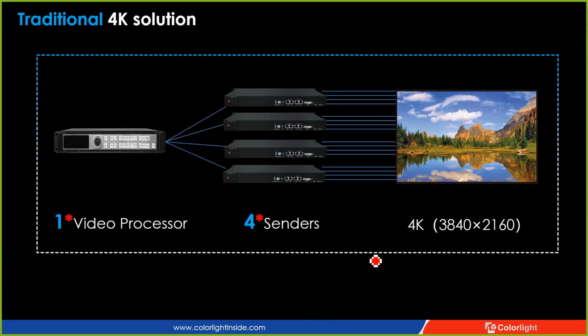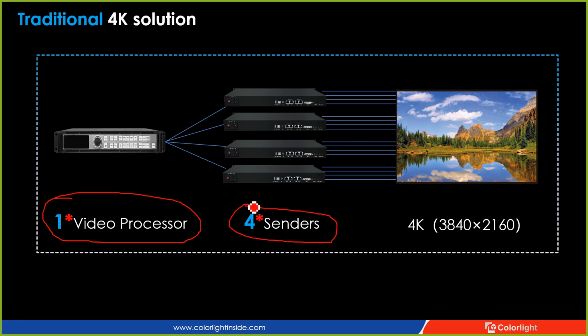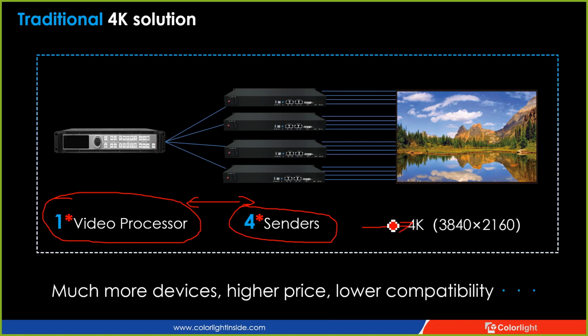The traditional 4K solution is to add one video processor and 4 or more sending cards, and then combine them together to load a 4K LED screen. This way, you need to add many more devices and pay a higher price, and the result you get is only lower compatibility.